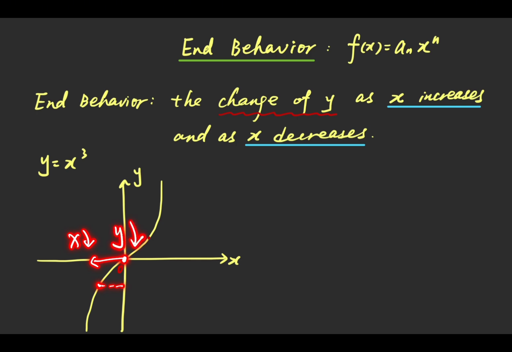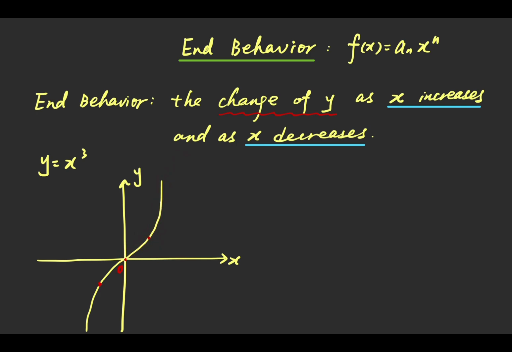Especially, we can describe this situation more accurately. We can say x approaches negative infinity, y will approach negative infinity. For this graph, x approaches positive infinity, y approaches positive infinity.